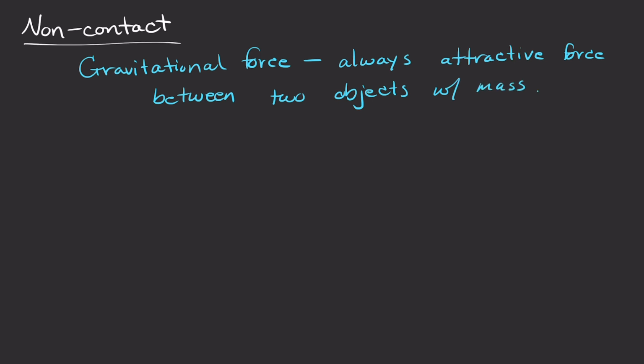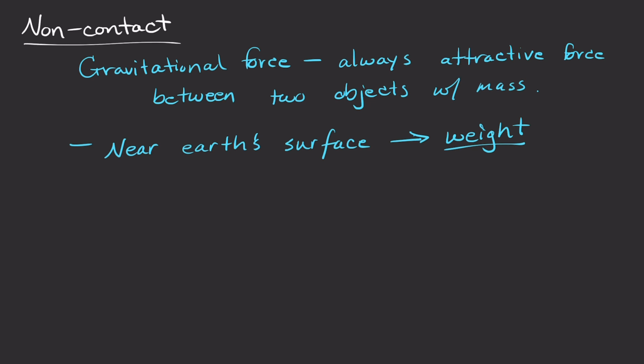And we have a special name for this near Earth's surface. Near Earth's surface, the force of gravity on any object is what we call that object's weight. So weight is another word we use for the gravitational force of the Earth on an object when it's near the surface.